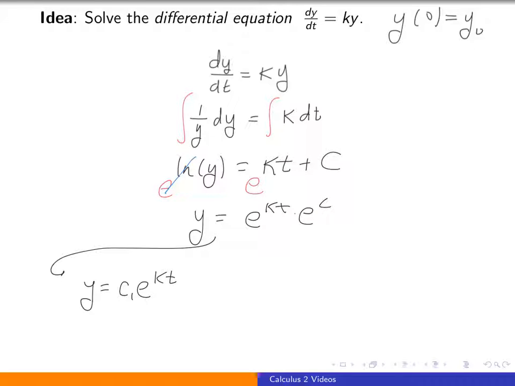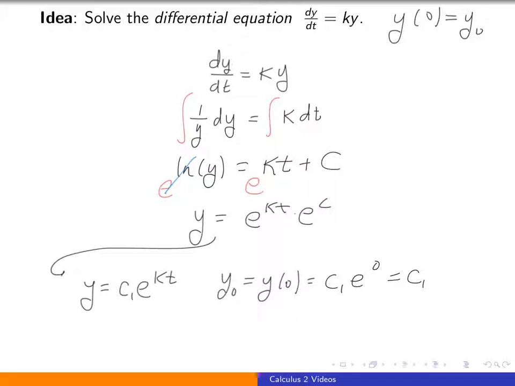And the last remaining thing to do here is to just maybe decide exactly what this constant c1 is going to be. So we know that y naught is equal to y of 0. So if I look over at my solution here and I plug in 0 for t, you have c1 e to the 0. E to the 0 is 1.